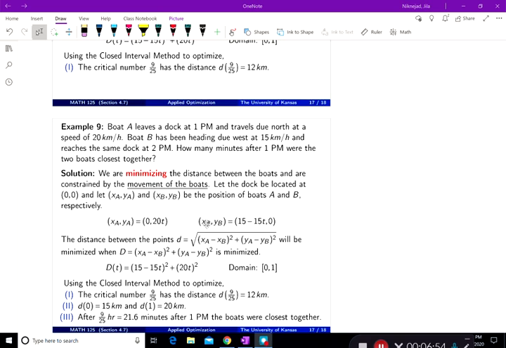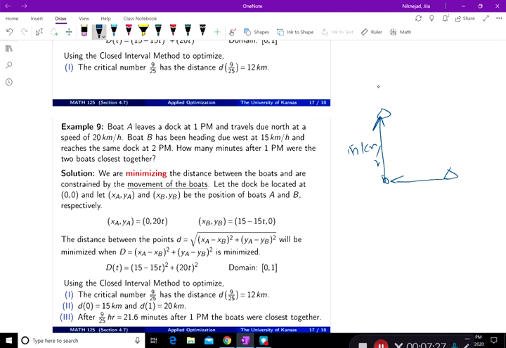So how does this work? Boat A leaves the dock and goes north at a certain speed, and then another boat who's heading west is going to reach it after 1 hour basically. The question is, when were the two boats the closest together?